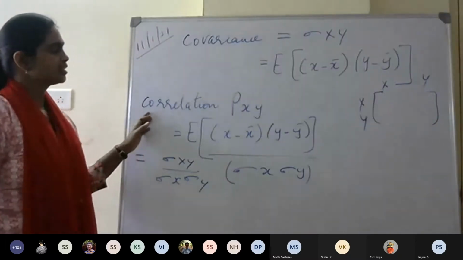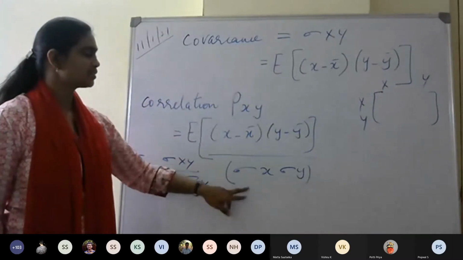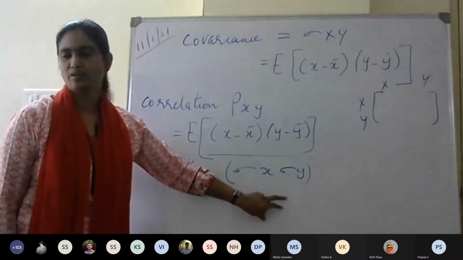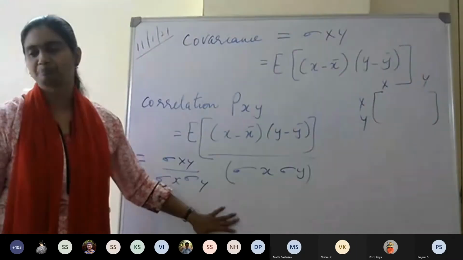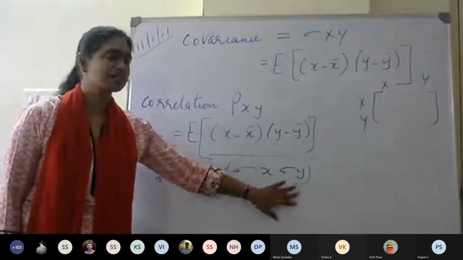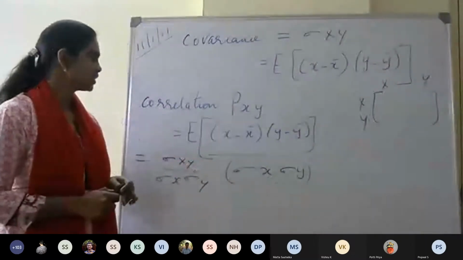So correlation is nothing but covariance divided by the standard deviation of x and then the standard deviation of y. Sigma x and sigma y are standard deviations. So that is the correlation.